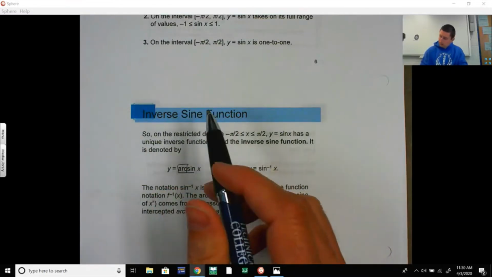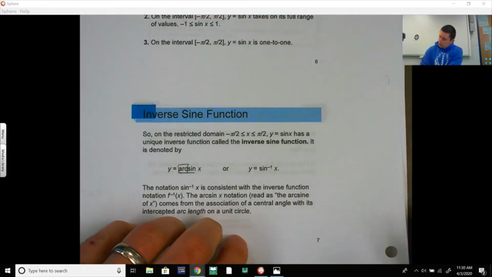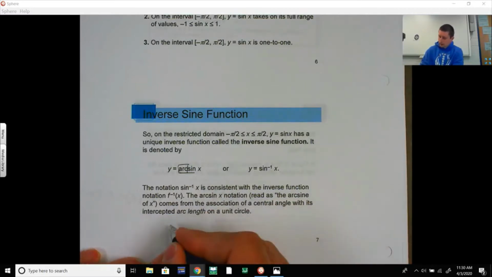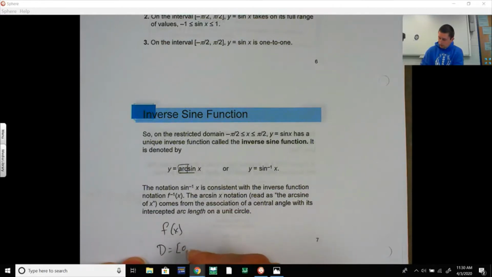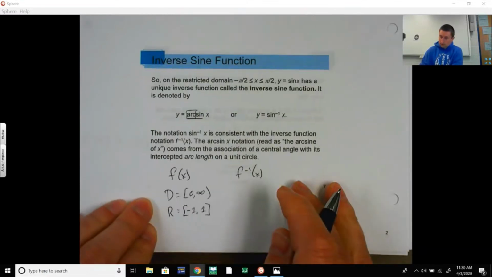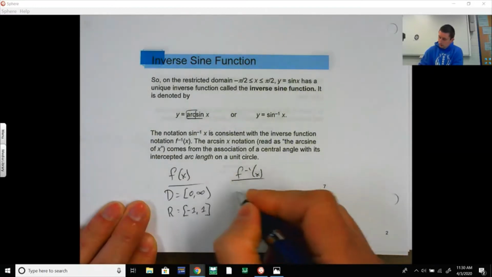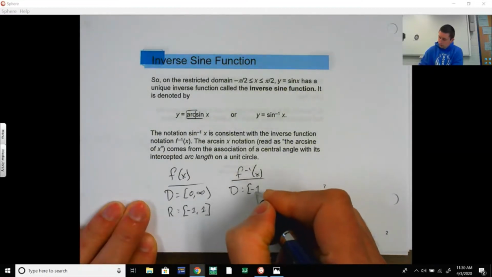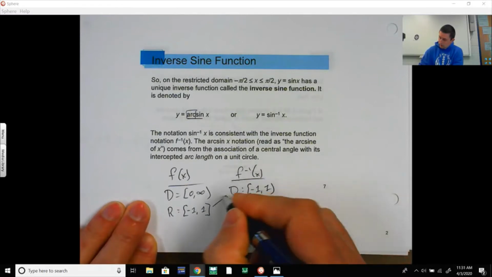Now also remember with inverse functions that if you have f of x, and the domain is, let's say, from 0 to infinity, and the range is from -1 to 1, then if you have f inverse of x, remember the domain for an inverse comes from the range of the function.